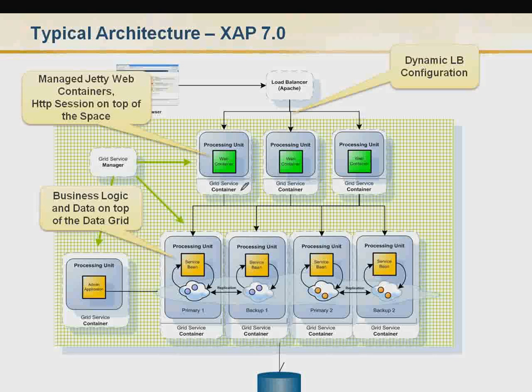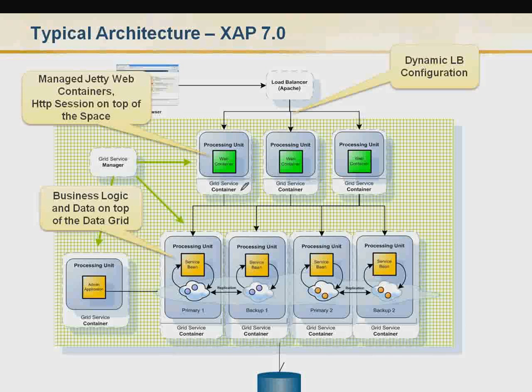Then does that mean that I need to take all my business logic that I wrote and move it into the processing unit? Not necessarily. It really depends on the use case. It makes sense to move the business logic into the processing unit when you want the processing to take place closer to the data. As you can see, when the service bean is co-located with the space instance, it can act locally on the data and get in-memory speeds because it's just reading and writing from the memory of the JVM.